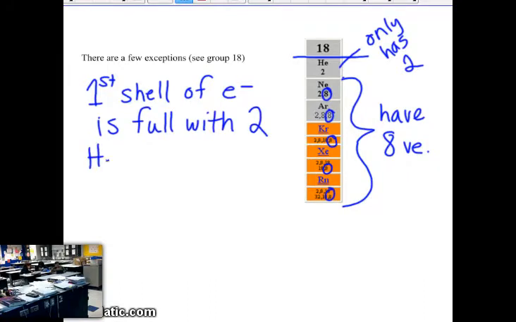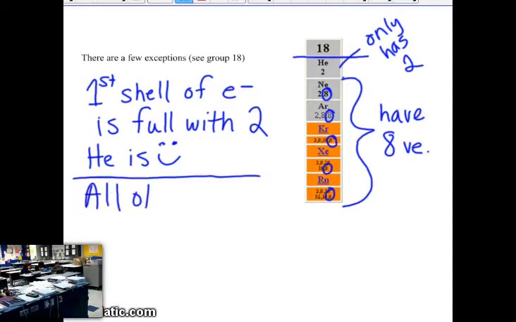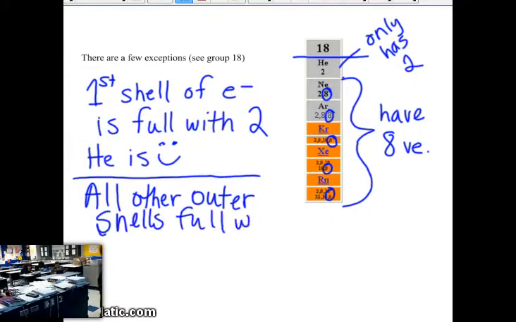So helium is happy because it has a full outer shell of electrons. All other outer shells are full with 8. So everybody else here is happy.